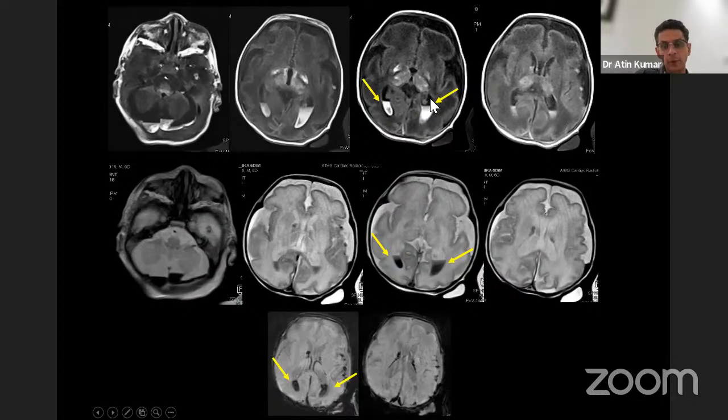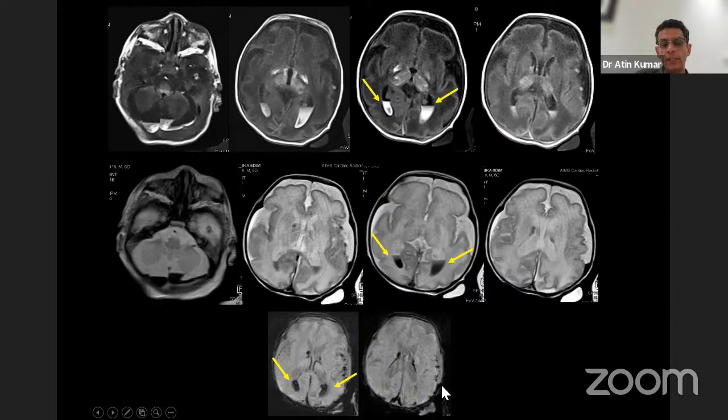CSF is dark, we were supposed to see dark, but in these ventricles we're seeing bright signal on the T1 weighted image and dark signal on the T2 weighted image. I've told you for all practical purposes, we'll call this a bleed. Something which is bright on T1, dark on T2, we're thinking in terms of a bleed. So this means that there is bleed in the ventricles in this preterm child, intraventricular hemorrhage.